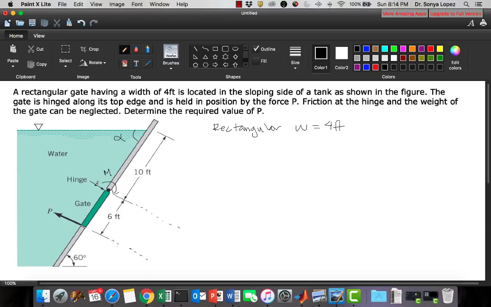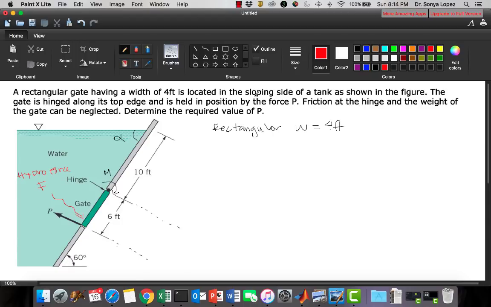So basically what's happening is the water is applying some force onto the gate. We know what force that is. What force is this? This is our hydrostatic force onto the gate. That's causing it to want to open this way. This is a hinge, so the hinge means it's like a door. It wants to open this way.